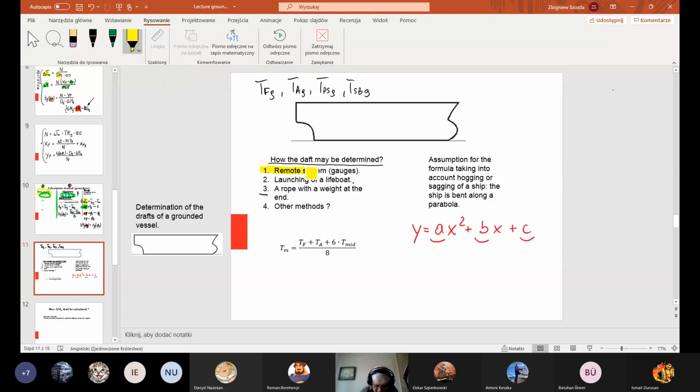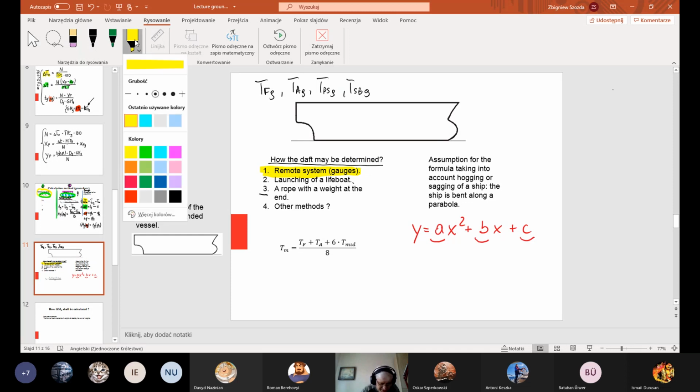The first method is the easiest one. If the ship is equipped with a remote system of determination of the drafts, this system can be used. But it seems to me it is not so frequent. I can name ships where you can read drafts of your ship staying in the wheelhouse, but it is rather rare.